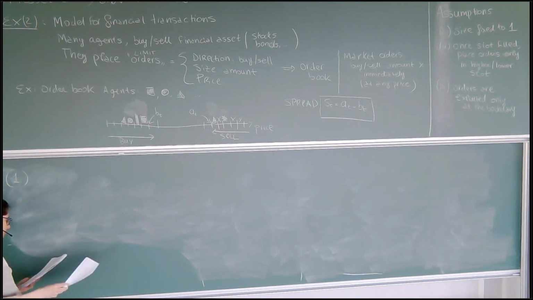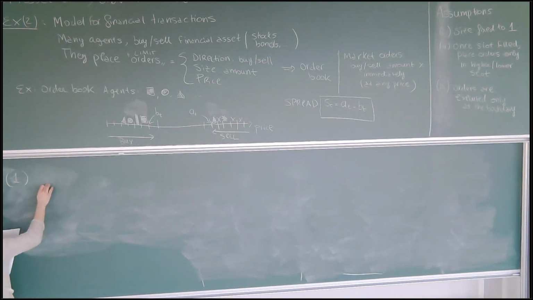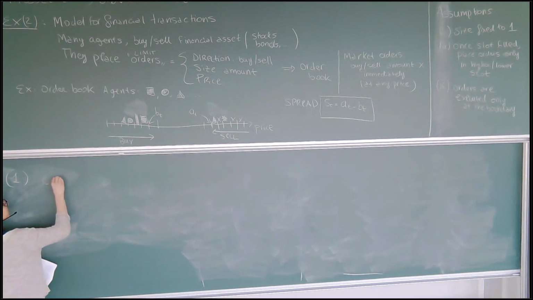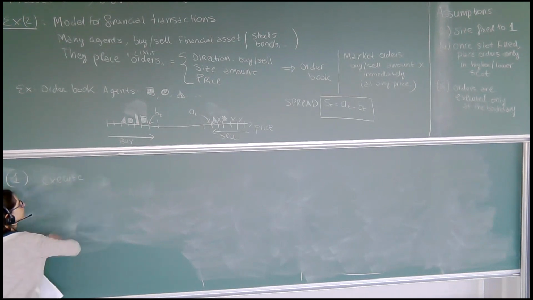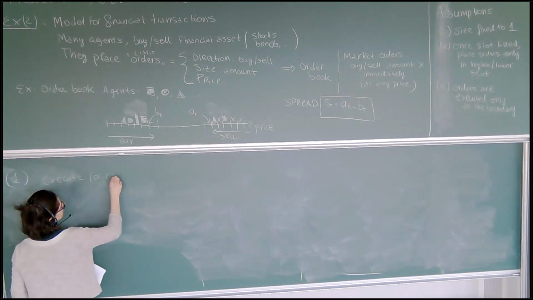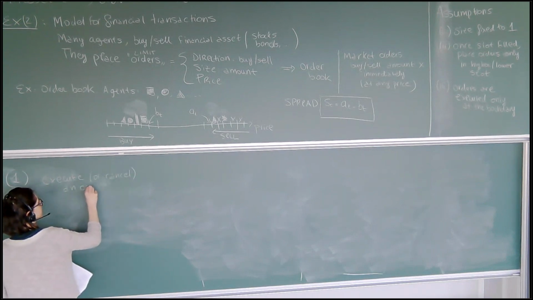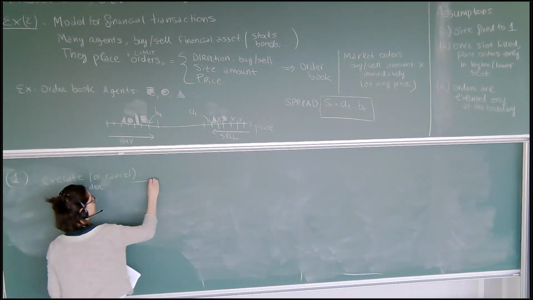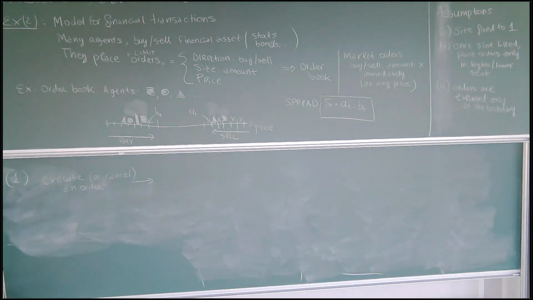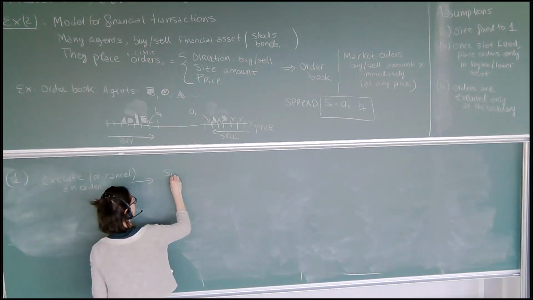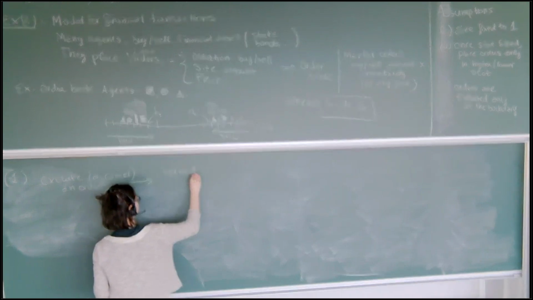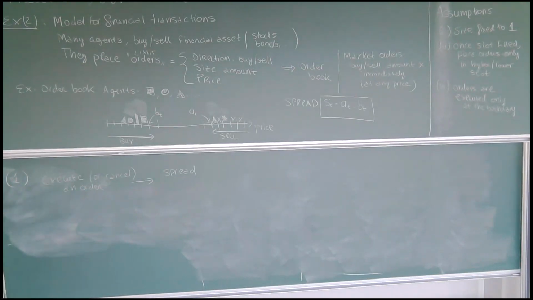Okay, so we basically have just 2 types of events. So if you execute or cancel, you can even cancel an order, then does the spread increase or does it decrease? Any guess?